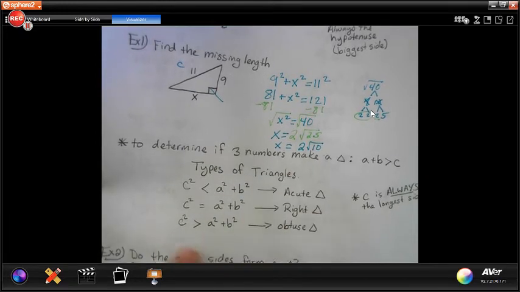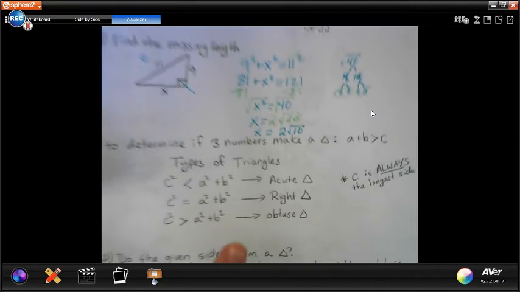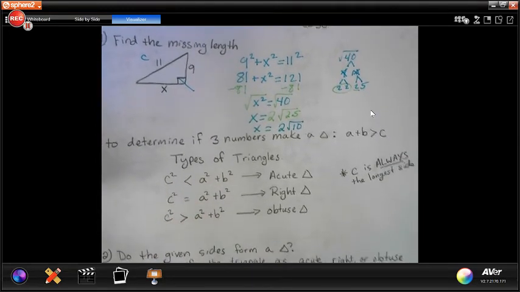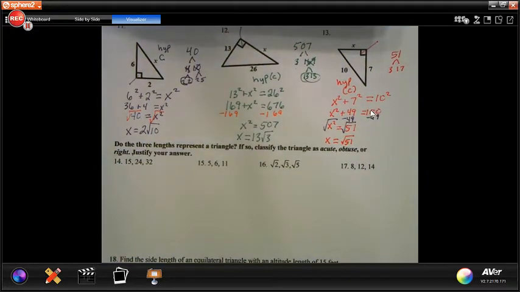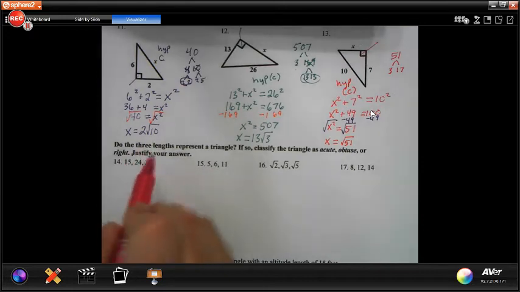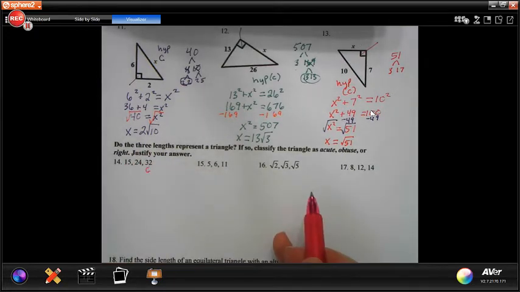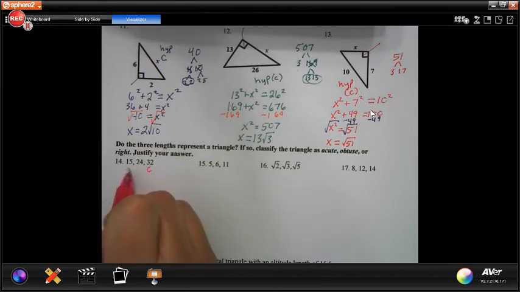So another thing you want to make sure you have is the Pythagorean theorem written down in your notes so you have it ready for your test. So this is C. That's the important one, right? C is the important one. The other two are interchangeable.